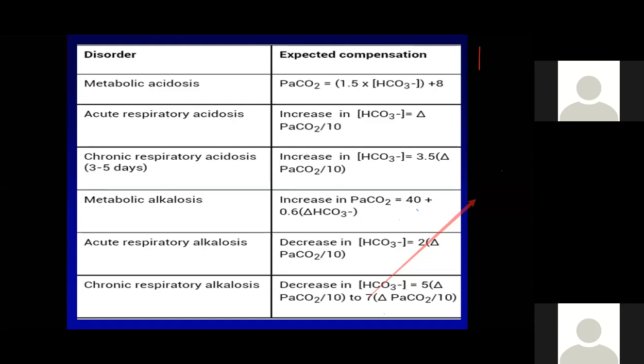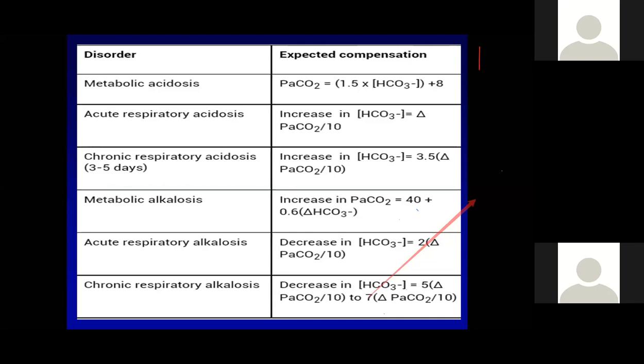This whole slide tells you what the disorder is and what the expected compensation is. If you read this whole slide thoroughly, then nothing is impossible for you to maintain the ABG levels and treat the cause accordingly.